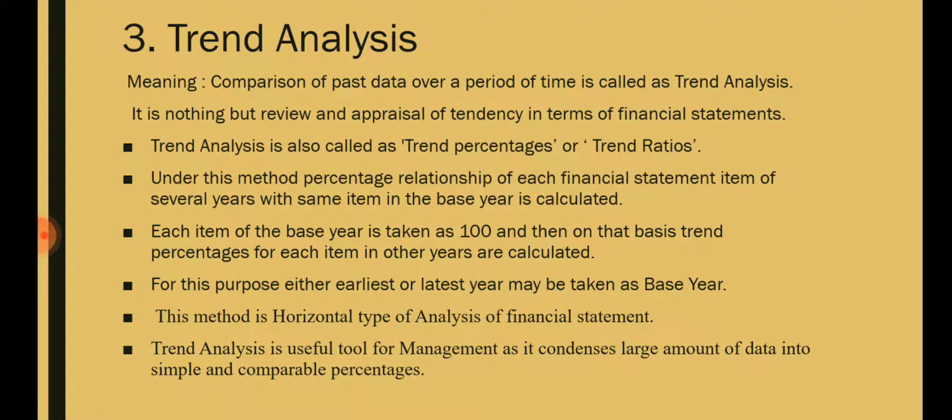Each item of the base year is taken as 100, and then on that basis the trend percentage of each item in other years is calculated, and for this purpose either the earliest or latest year may be taken as base year.